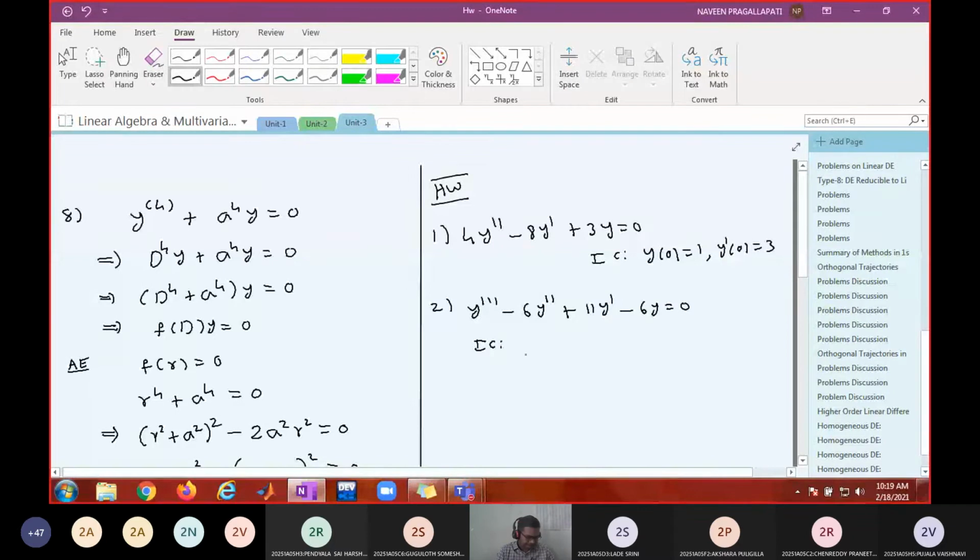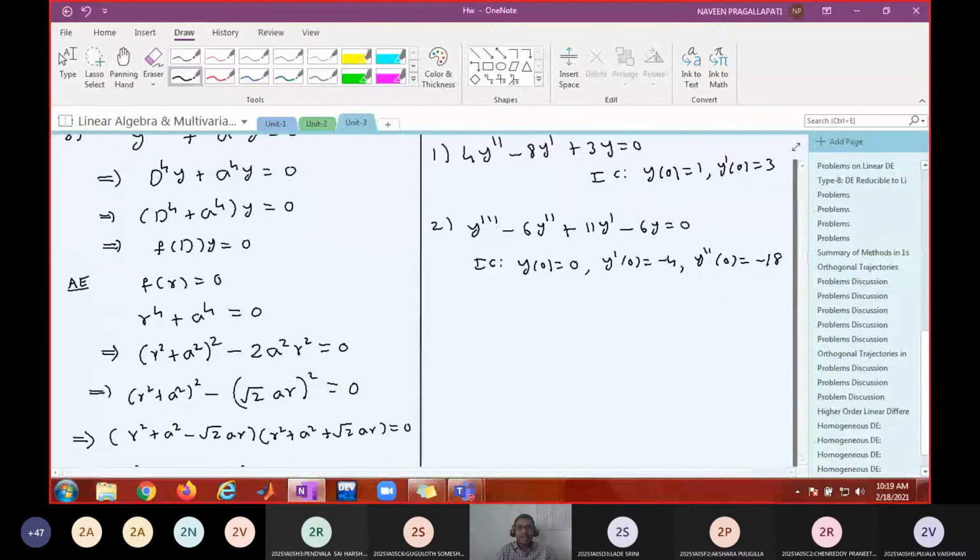Initial conditions y of 0 equal to 0, y dash of 0 equal to minus 4, and y double dash of 0 equal to minus 18. How many arbitrary constants you have to find out for this problem?